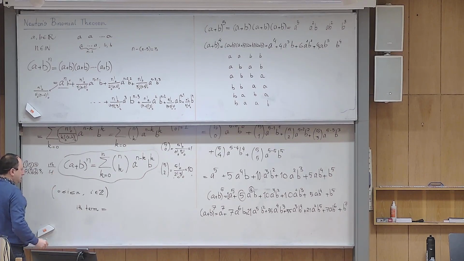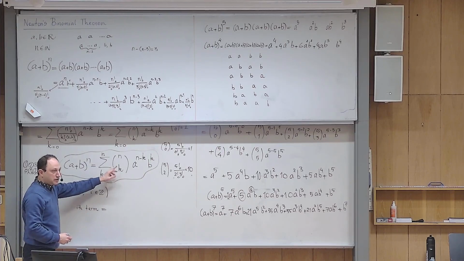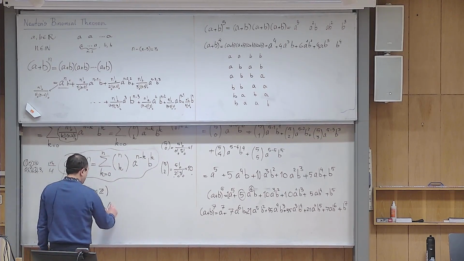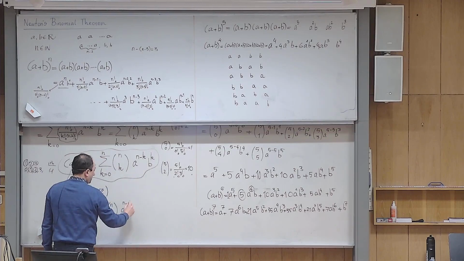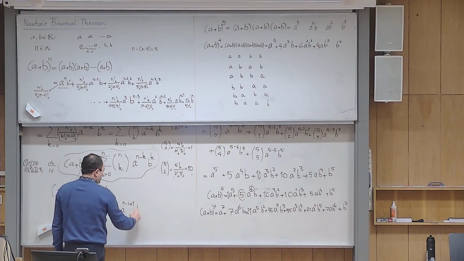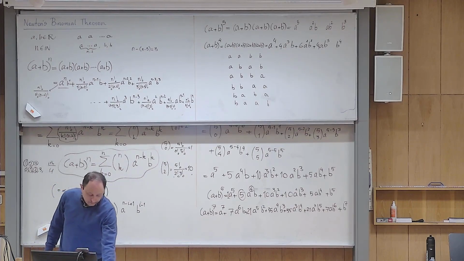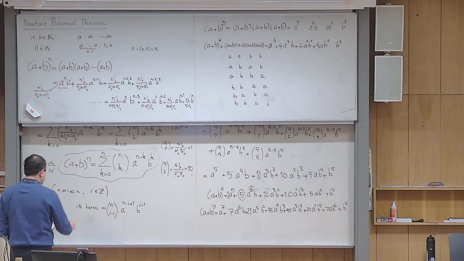So it means that if you want to find the ith term, you have to put i minus 1 for the counter. So this becomes n choose i minus 1, a to the power of n minus (i minus 1), the minus sign goes in, and then b to the power of i minus 1. So this is something to remember.